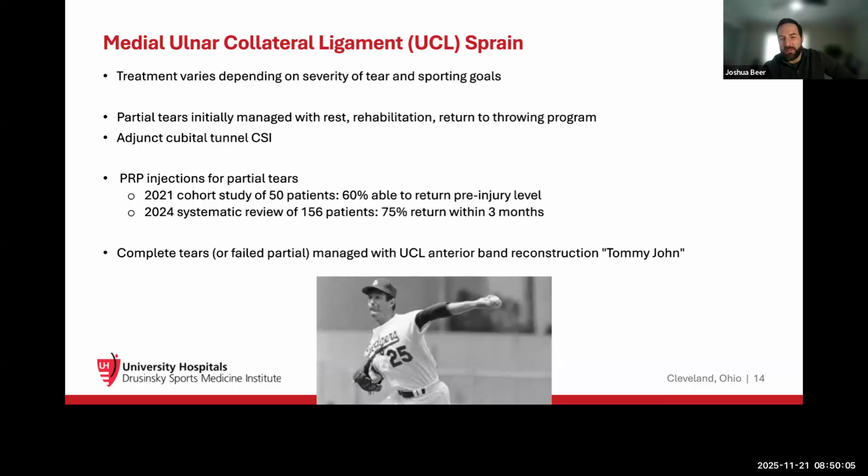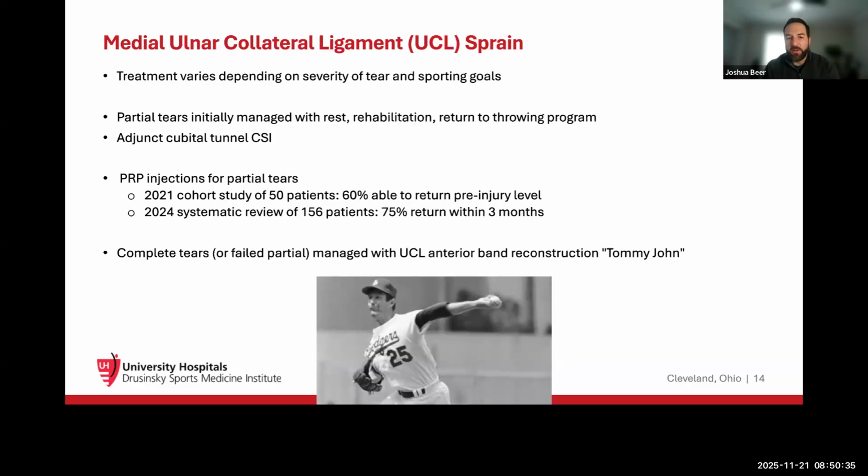Now that number is affected because about a dozen athletes had what they consider a grade 4 tear, which was tears at multiple sites that went on to require surgery. So I wouldn't expect PRP to work in a full thickness tear, but in grade 1 where there's edema, or even a grade 2 with some partial tearing, I've anecdotally had some positive responses getting athletes back within a few months.